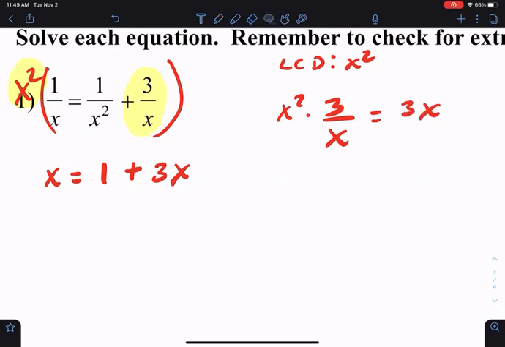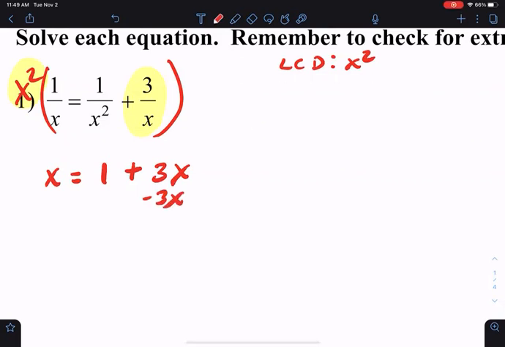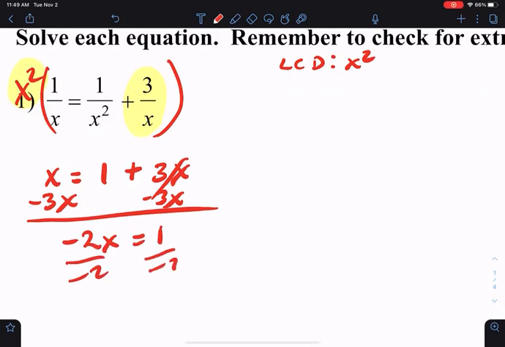That's how I get those values. Now you solve the equation: you subtract 3x on both sides, you get negative 2x equals 1, divide by negative 2, x equals negative 1/2. That's how you do that.